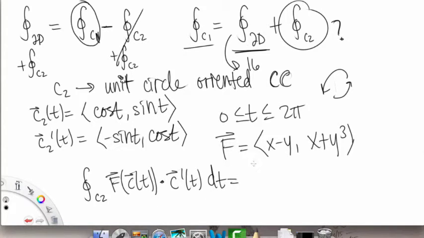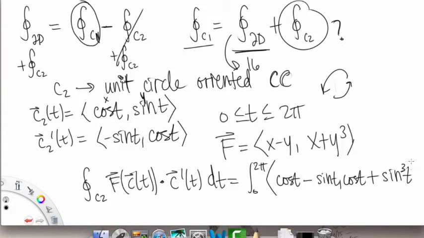So our boundaries are 0 to 2 pi, and then we plug in the parameterized x minus y, so x of t is cosine t, and y is sine t. So this will be cosine t minus sine t, and then we have cosine t plus sine to the third t.